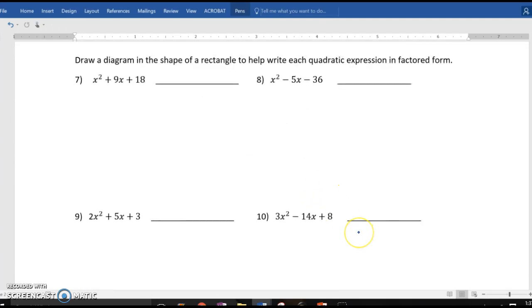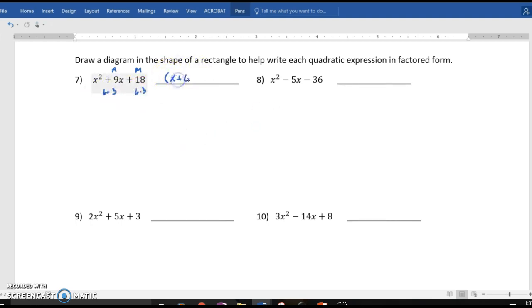Okay, it says draw a diagram in the shape of a rectangle to help write each quadratic expression in factored form. If you understand how to draw, good. If not, you can go ahead and know the factoring patterns. So here, we need to find the numbers that multiply to give me 18, add up to 9. So 6 times 3, 6 plus 3 works.